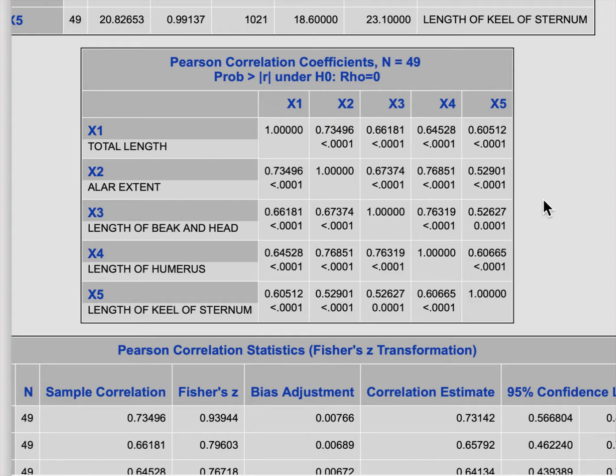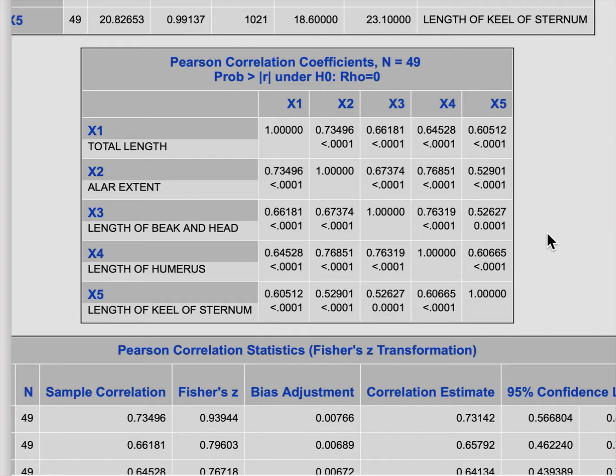And that's what we're doing when we test the hypothesis that the covariance matrix is a diagonal matrix. Because that test is specifically testing the null hypothesis that all 10 of these population correlations are zero against the alternative that at least one of them is non-zero.